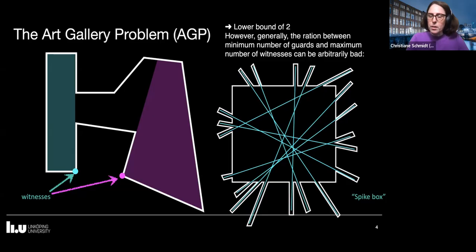But for guarding that, you need to find the hitting set for all of these line segments. So the ratio can be arbitrarily bad, but it is a lower bound that we can use. People are interested in finding classes of polygons where that's actually the same, or where we can show that this ratio is only a constant, something like that.